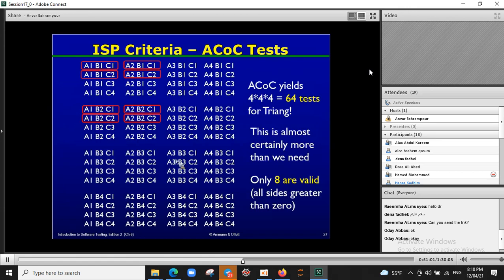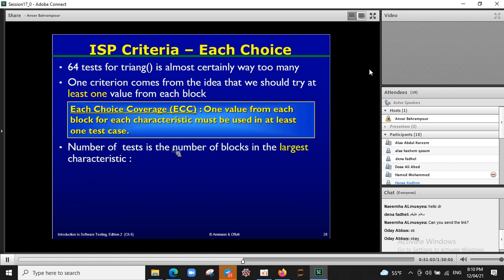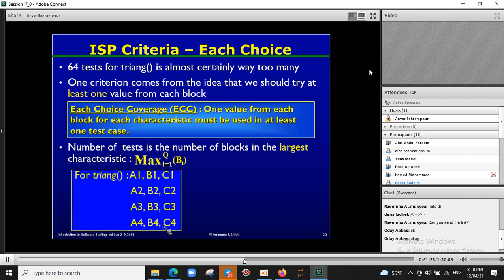So the number of tests is the maximum number of blocks among our Q different characteristics. The maximum number of blocks defines the number of our tests. As I said, these 4 test cases should be done.